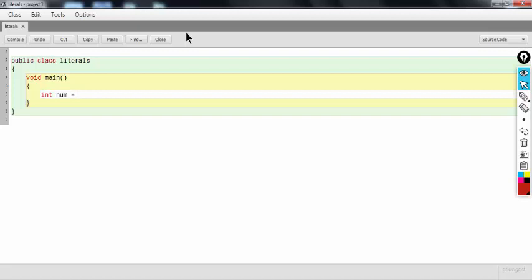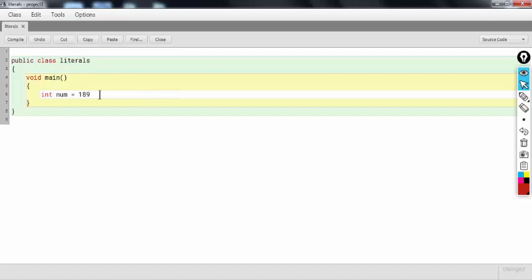So the name of the variable is num. Inside this num, I can store integer numbers because the type of num is defined as int. So I can store integer literals here. So we can store something like 189.